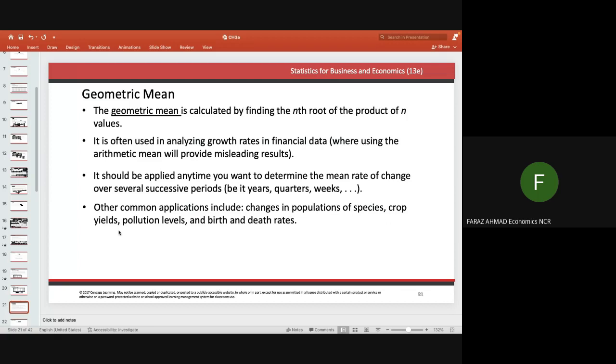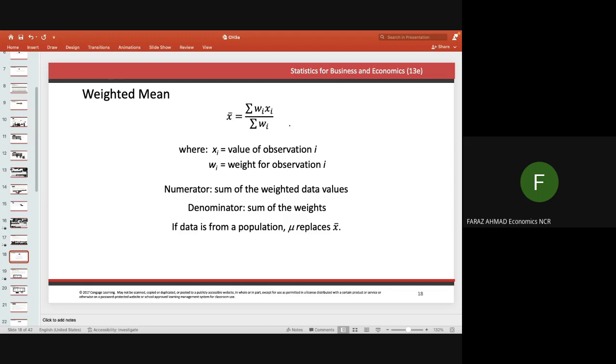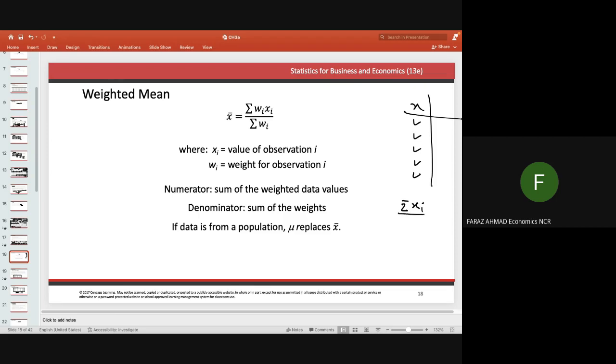Okay, they have used one example, so let us use this example itself. Basically, if you have X, you would have calculated the mean like this: summation xi divided by n. This would have been the mean, right?